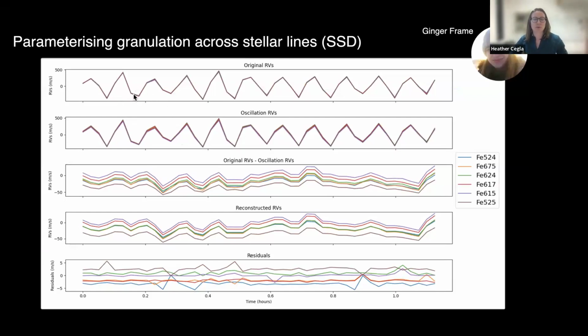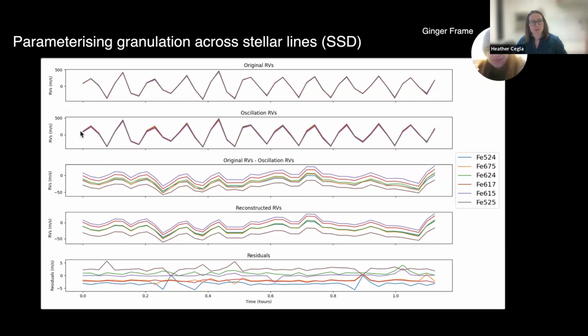So what I'm showing you here, Ginger's made this plot, we've got time on the x-axis and velocity on the y-axis. The top plot is if we just take a template line profile and cross-correlate it with the averages that we get from the original snapshots without any parameterization. So this signal should have oscillation plus granulation in it.